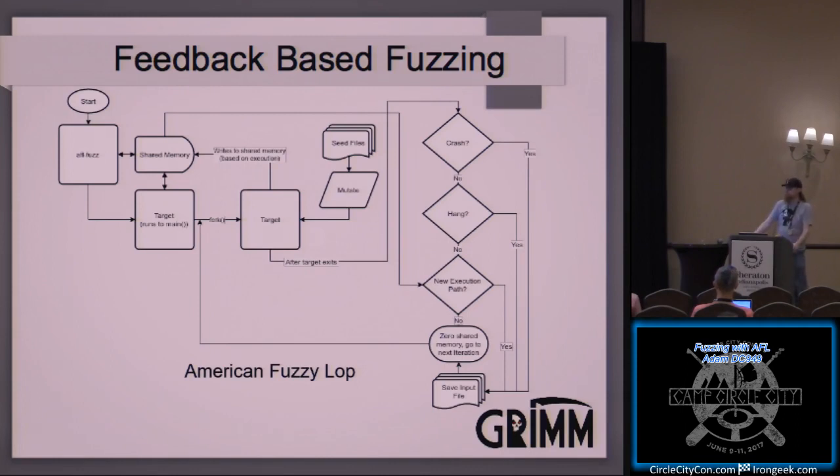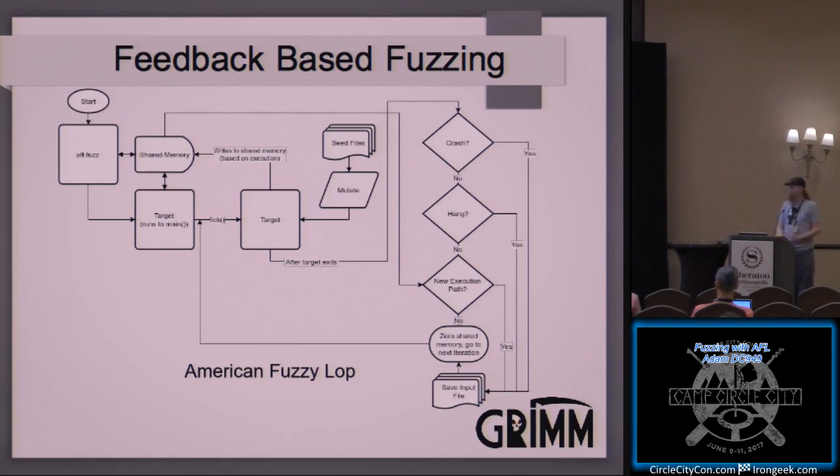If it did, then AFL will kill it after a certain timeout period, and that varies based on how long your program takes on average. And if it hangs, that's kind of interesting, so it saves all those inputs as well. The reason is it could be a denial of service attack, and most of the time they're pretty boring, but sometimes they're important. If it's like an emergency response system, probably won't actually care about that kind of stuff.